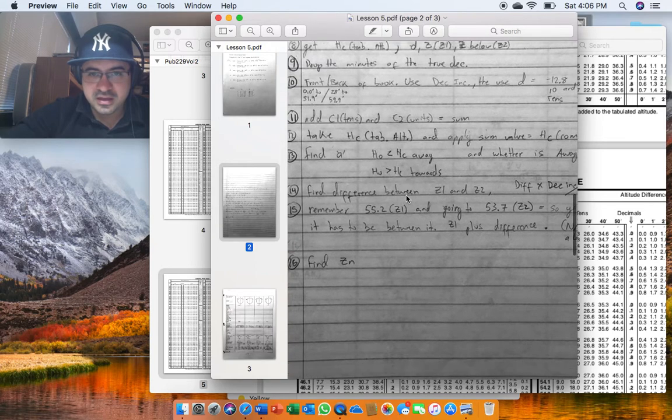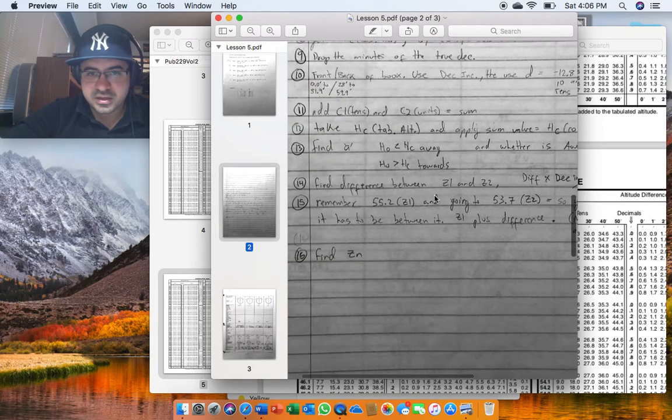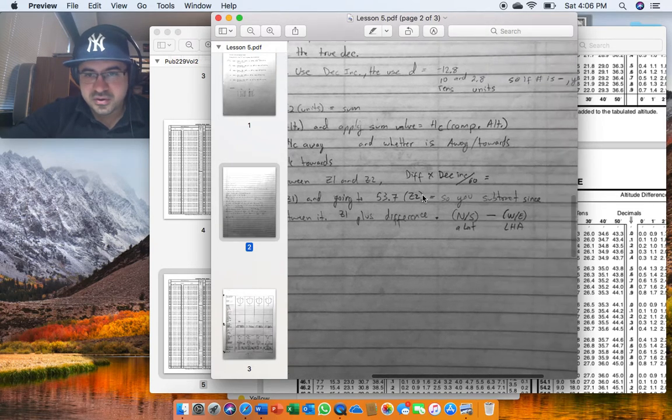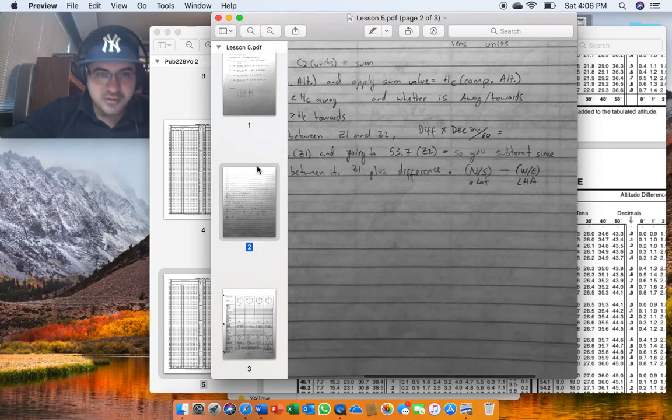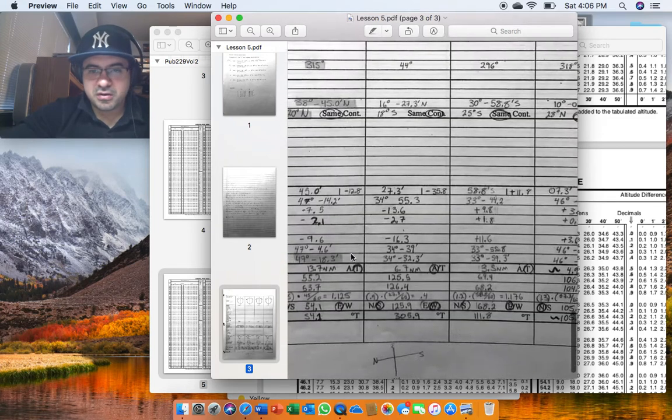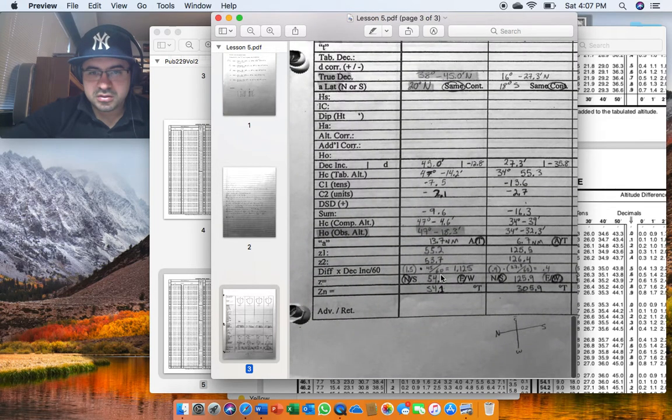For the A, find the difference. We did that. And remember, that's what I just explained. And now, for your zenith angle, right? Is it north or south? We already got that it's 54.1.